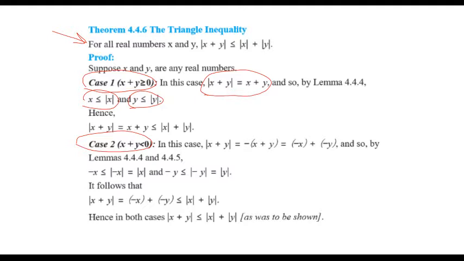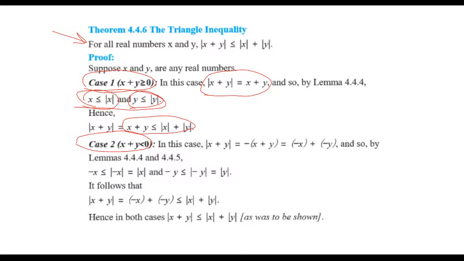Then by adding both sides of these two inequalities, we get x plus y is less than or equal to the absolute value of x plus the absolute value of y.